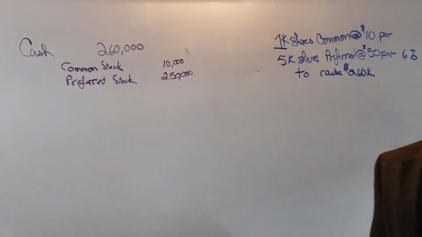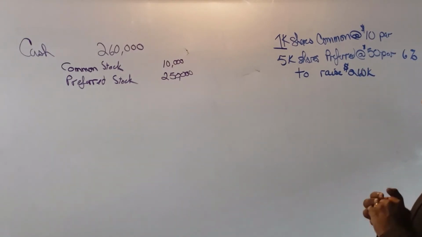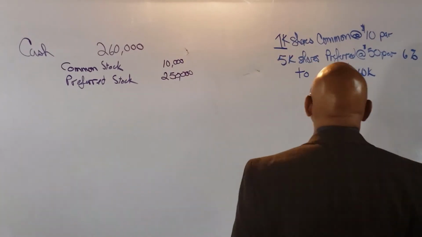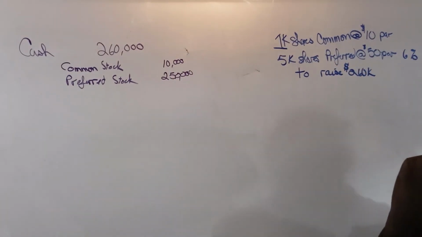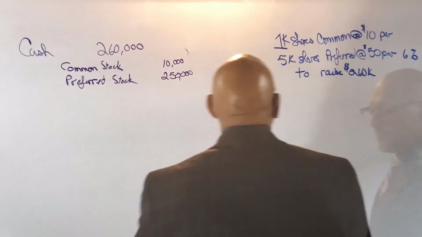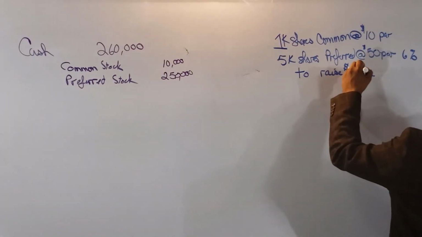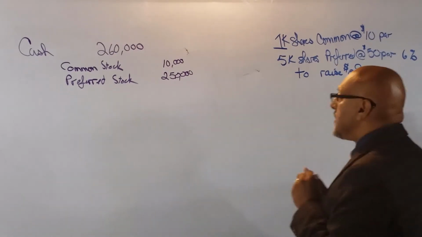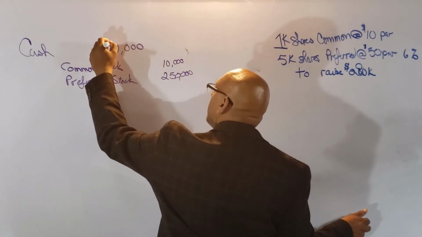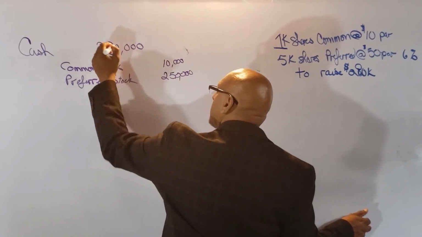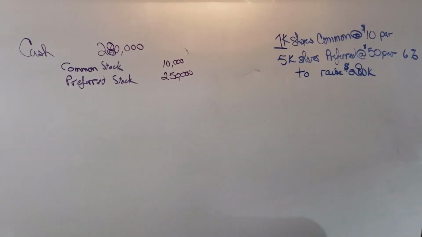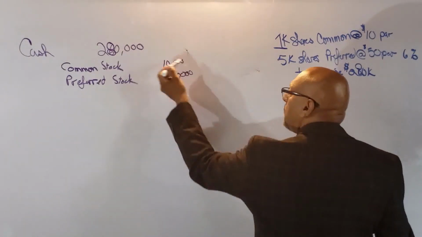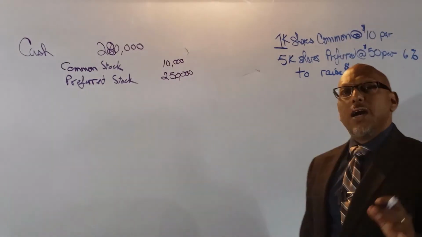We're in balance. What if we were to change this a little bit? Instead of 260, we are going to raise 280. So I'm going to change this to 280, and change this to 280. Just like that. Are we in balance now? No. We received 280,000, but we have 260 over here. How do we get in balance?